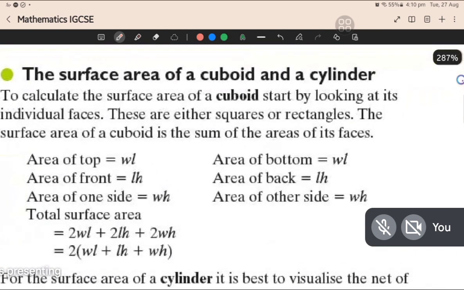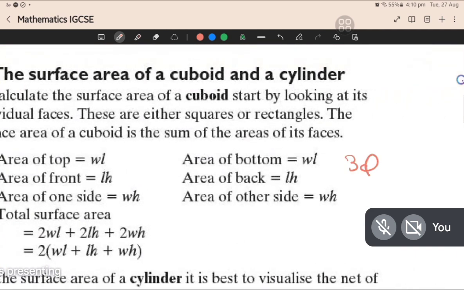Now, what will happen inside 3D structures? We've got 3D, right? So 3D means three dimensions.